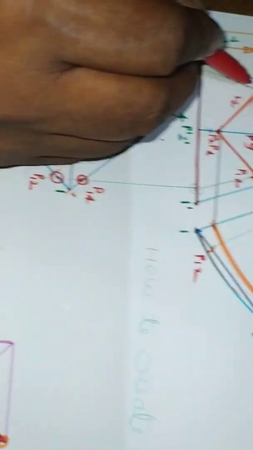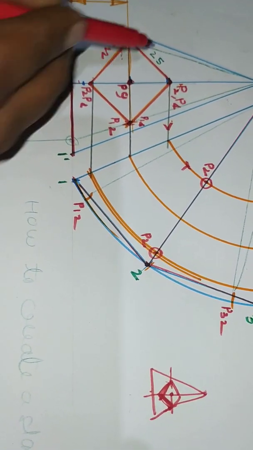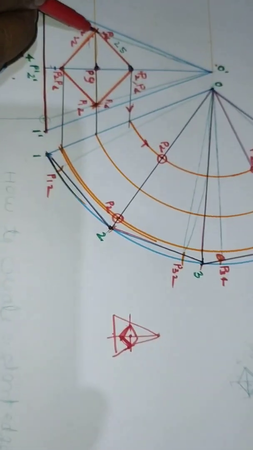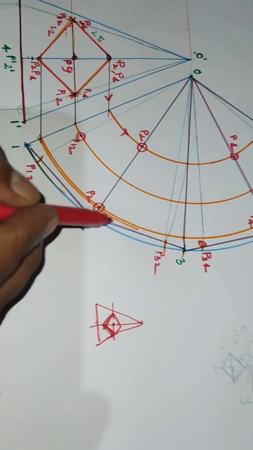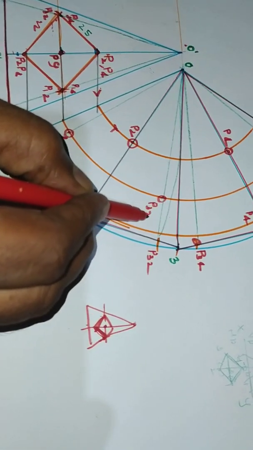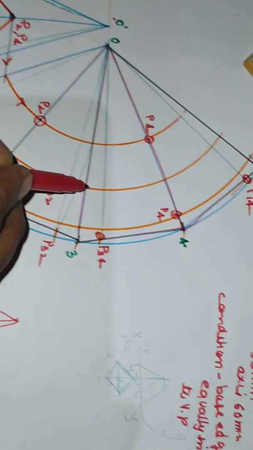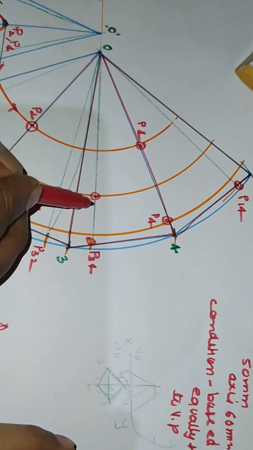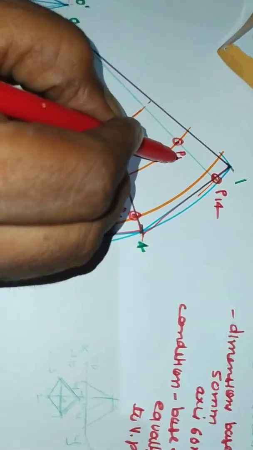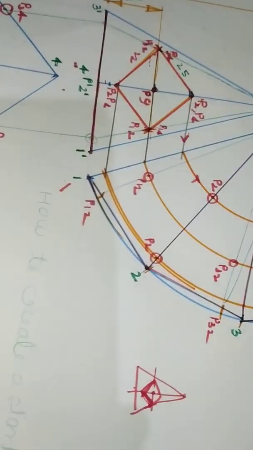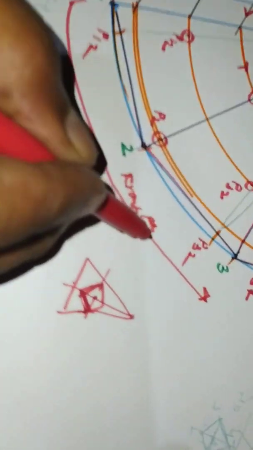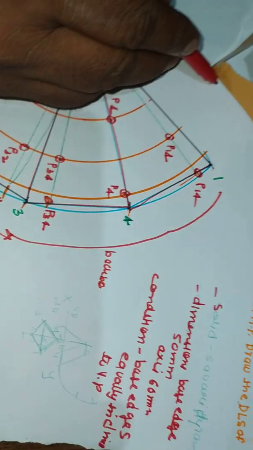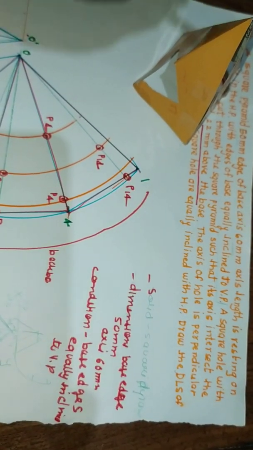Similarly here the front side edge P32 and back side edge P34. These are the 4 points: P12, P32, P34 and P14. From 1, 2, 3 is the front portion, and from 3 to 1 is the back portion.